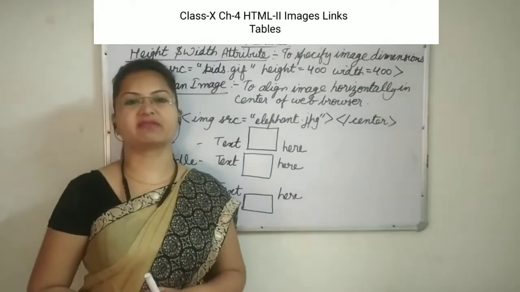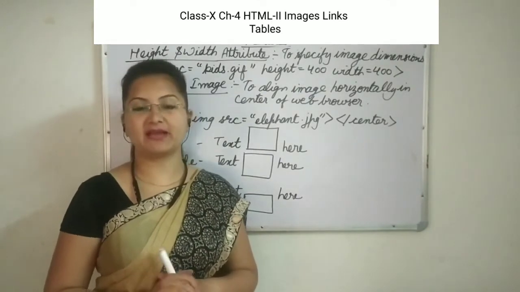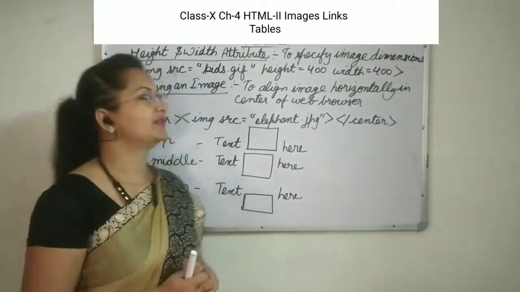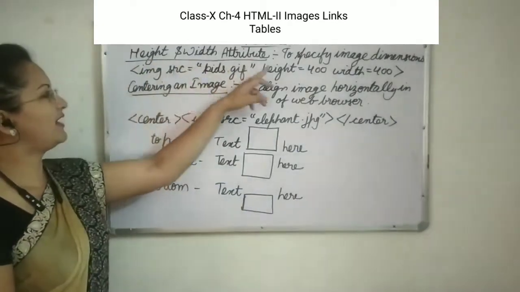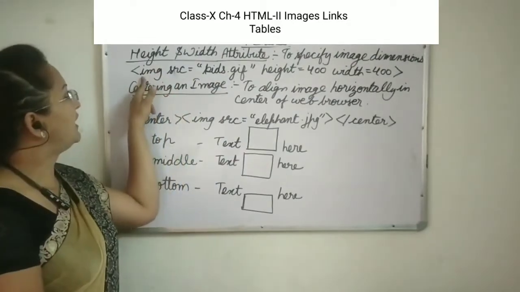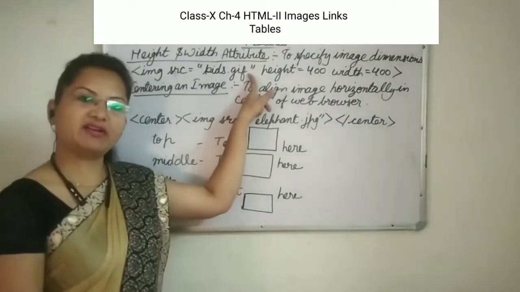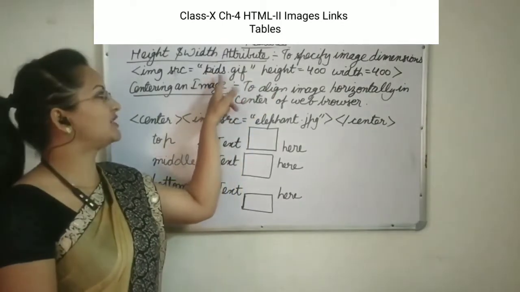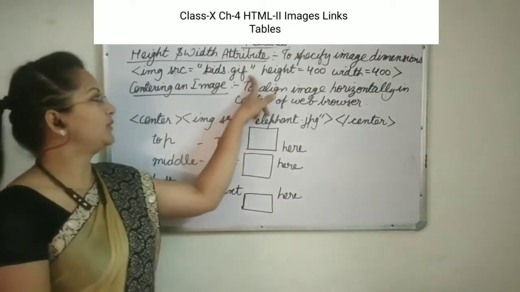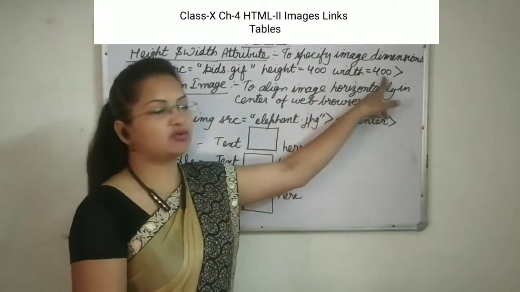Now students, we will learn to set the dimensions of images. Dimensions means height and width. So to set the height and width, we will use the height and width attributes. img src equals any picture name you can write. This time I have used kids.gif. Then height equals 400 and width equals 400.